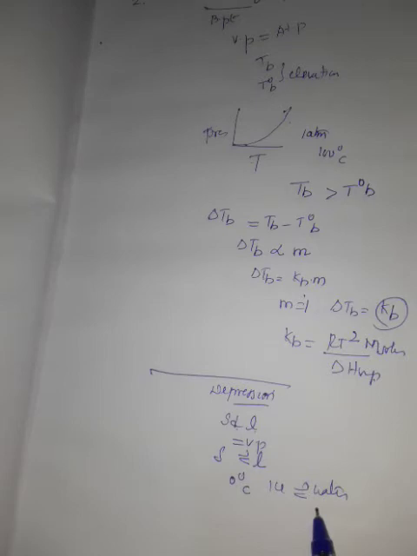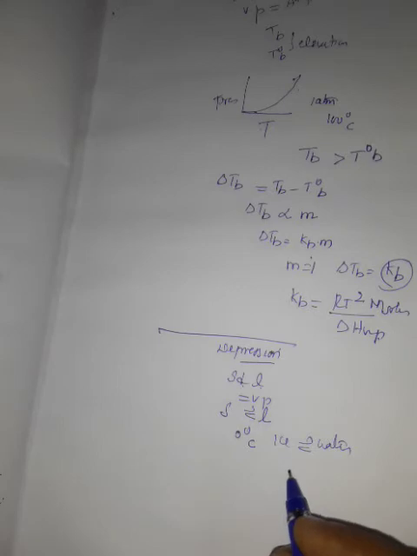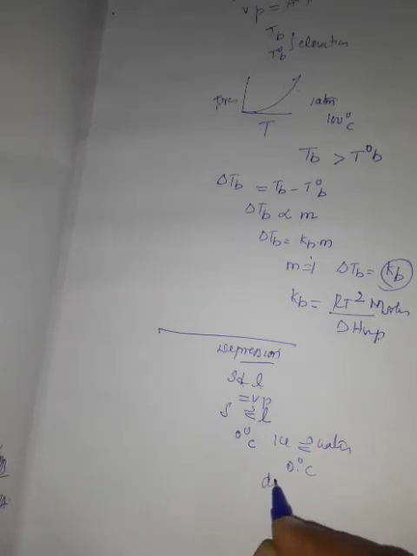When a non-volatile solute is added to water at its freezing point, the freezing point of the solution is lowered below 0 degrees Celsius. The lowering of the freezing point of the solvent when solute is added is called depression in freezing point.